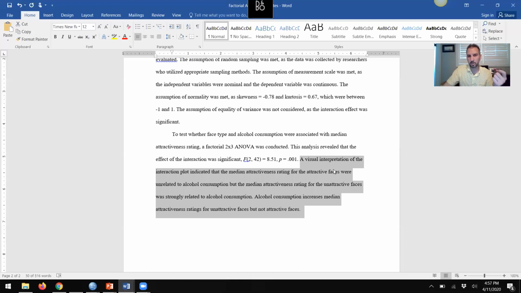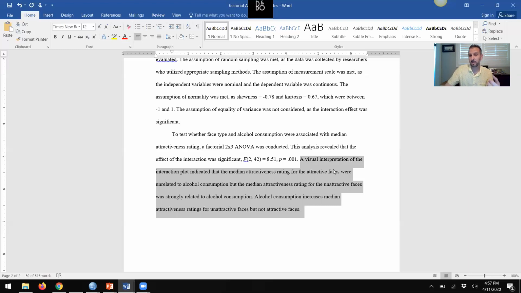Again, I could have put this into one sentence. I found it helpful to write it like this. And so I wrote it in the first sentence, basically saying that the median attractive rating for the attractive faces were unrelated to alcohol consumption, but median attractiveness rating for the attractive faces was strongly related to alcohol consumption.